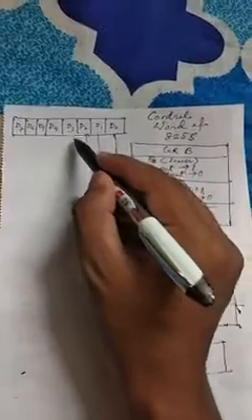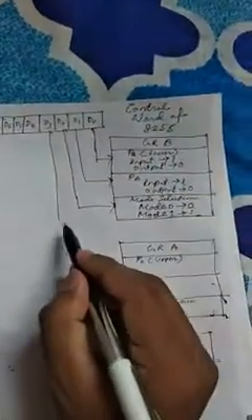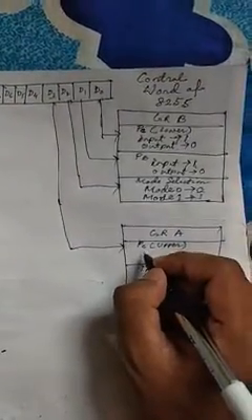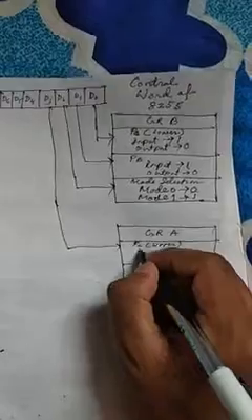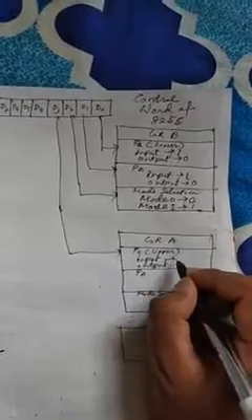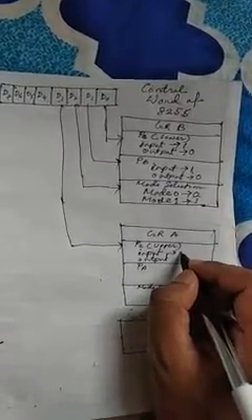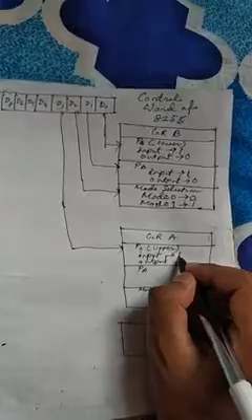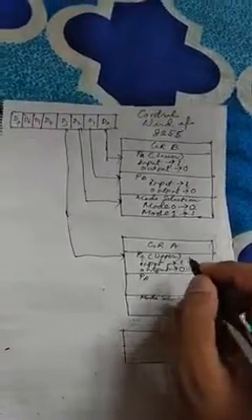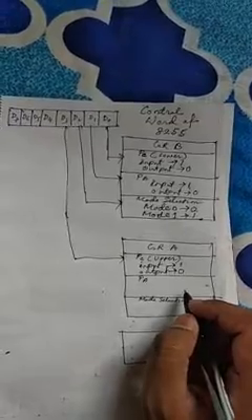Now D3 gives us the pattern whether port C upper can be used as input or output. If the port C upper is used as input, then that will be 1, and if it is used as output, then that will be 0.